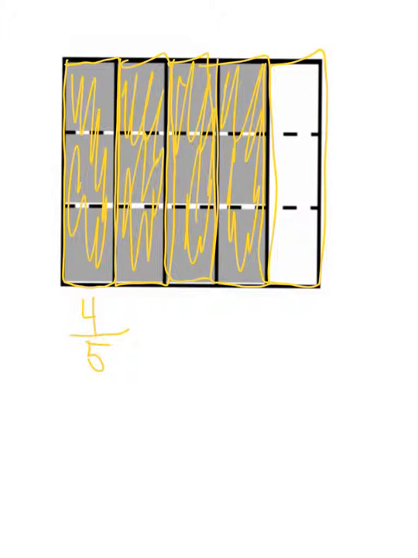And now if you look, they made it into 3 groups. So if they're making it into 3 groups, we're most likely going to be multiplying by 3 to get 12/15. Well, let's see if that's correct. Let's count. 1, 2, 3, 4, 5, 6, 7, 8, 9, 10, 11, 12, 13, 14, 15.